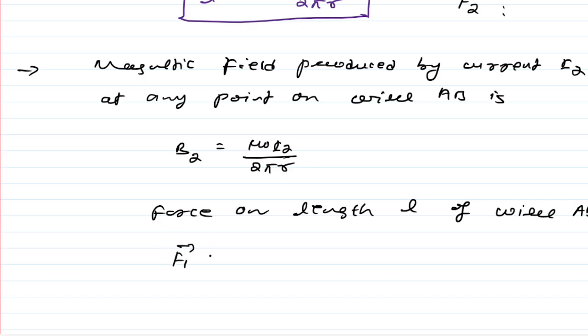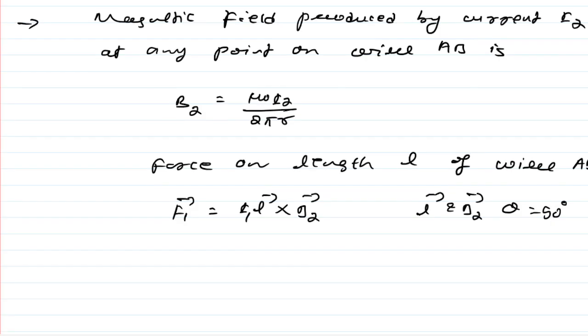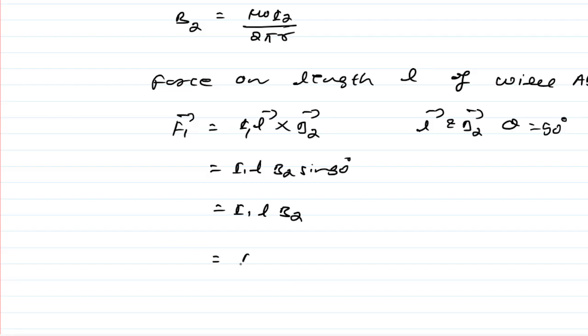So F1, that is I L, and I is I1, I L cross B2. Again the angle between L vector and B2 is 90 degree only. So if you put the value, I1 L B2 sine 90 degree, which is 1, I1 L B2, and now putting the values, I1 L and B2 is mu naught into I2 upon 2 pi r.